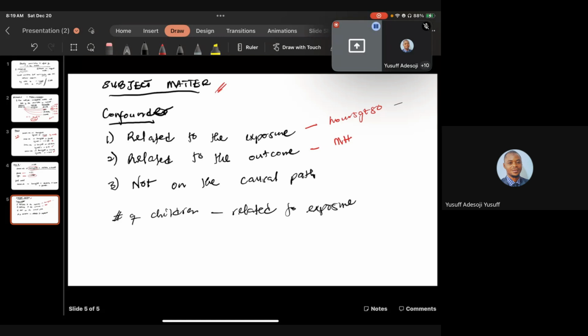Can someone tell us whether people who have more children are likely to have mental illnesses? Maybe they're more likely to be depressed or anxious. What do you think?